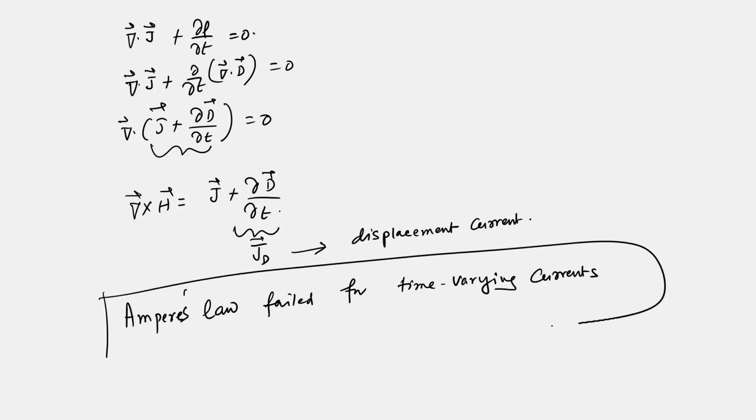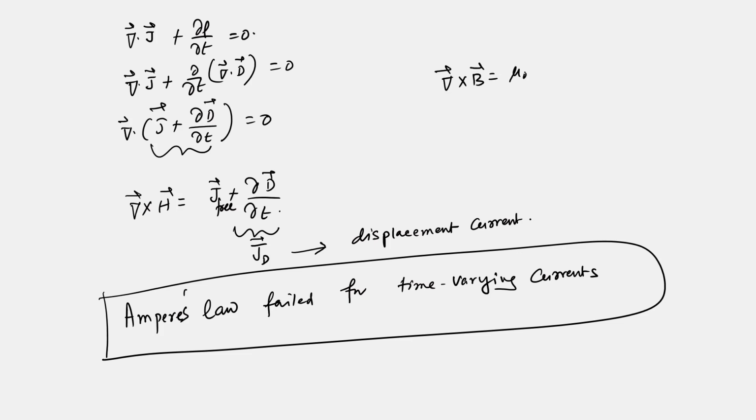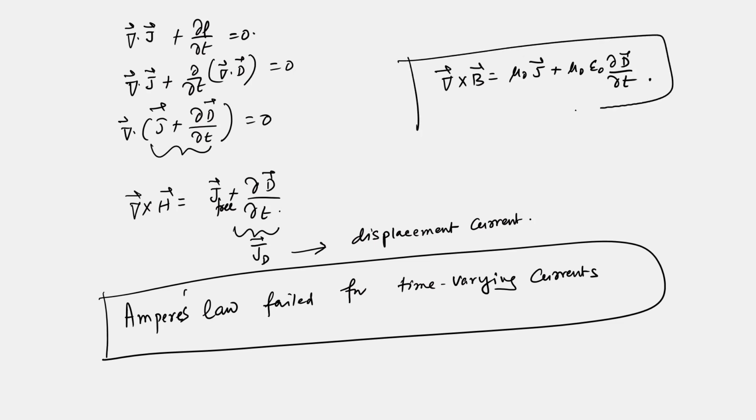Now, if you change this J free by this ∂D/∂t, you can write the same thing as curl of B equal to mu 0 J plus mu 0 epsilon 0 ∂E/∂t. That is the form of Ampere's law now.